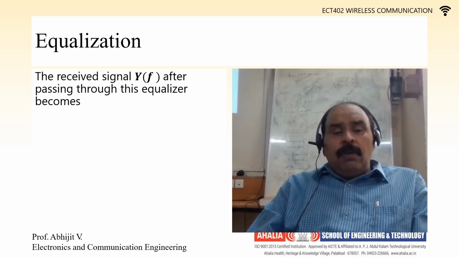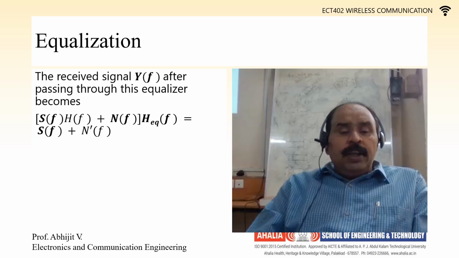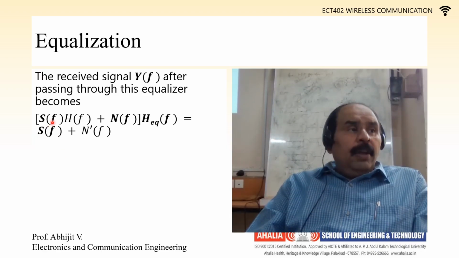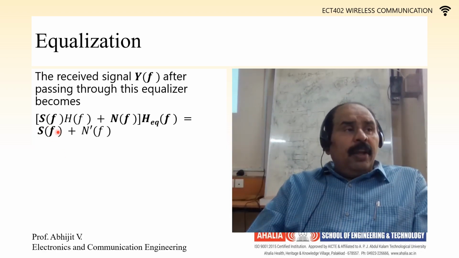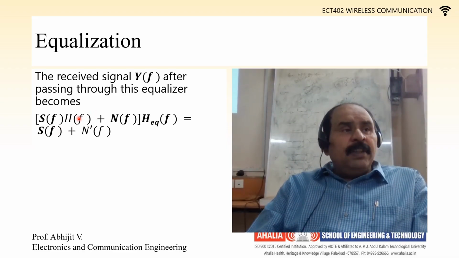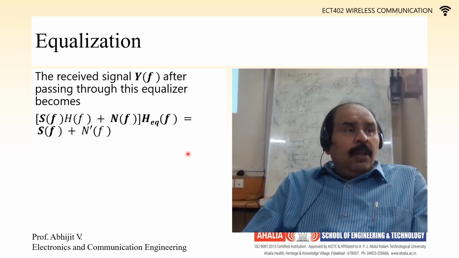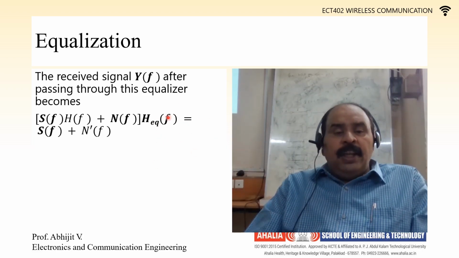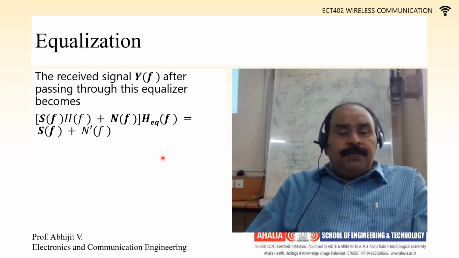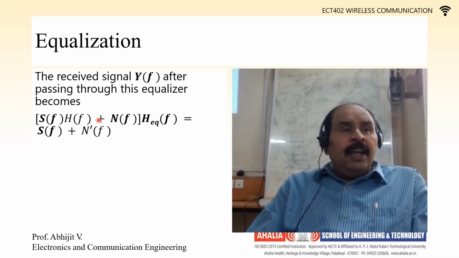The received signal Y of f passing through the equalizer becomes, here what is happening: S of f is the input signal in the frequency domain, H of f is the transfer function of the channel, and N of f is the noise. Through the equalizer, whose transfer function we define here as Heq of f, this will be nothing but S of f plus N dash of f.